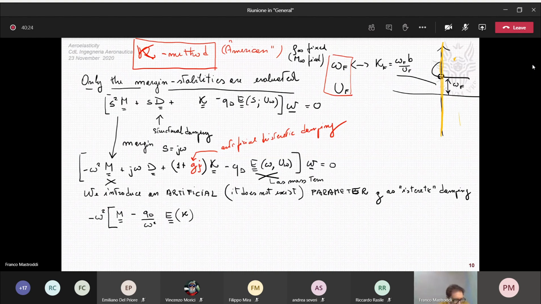Of course, this is false. This is not true, but we want to assume this in order to implement our procedure. And at the end, we want to converge. And so this is a global mass term. And next, we have this structural damping term, and this strange artificial viscous term, like this, with this G. Okay?